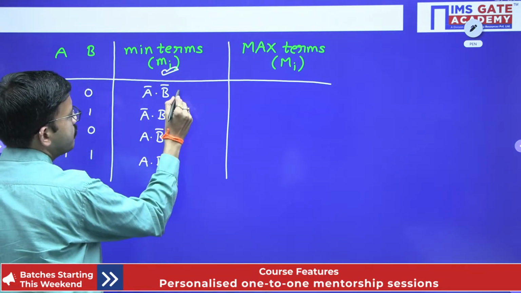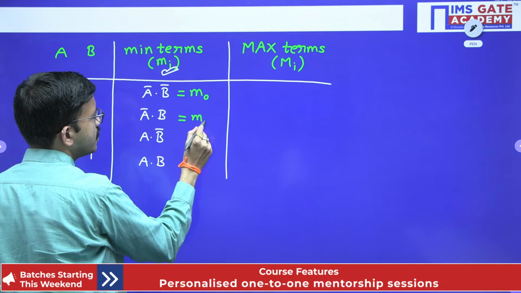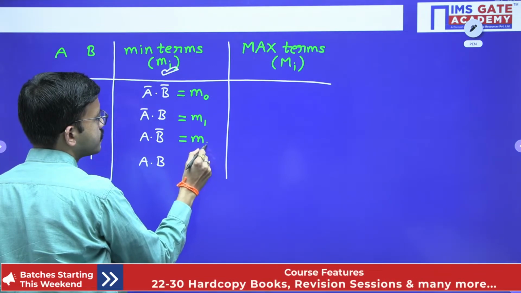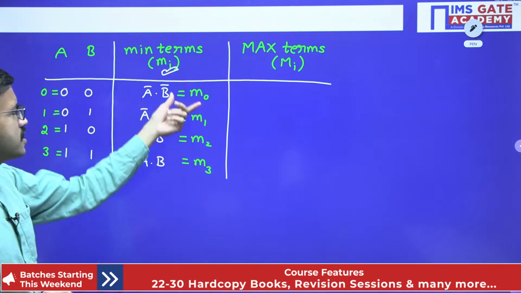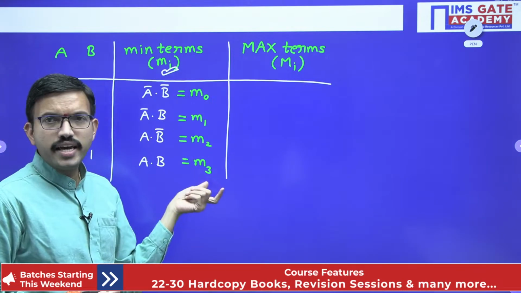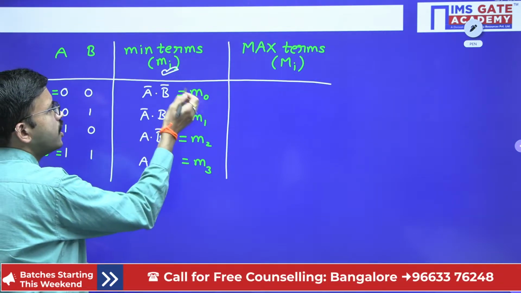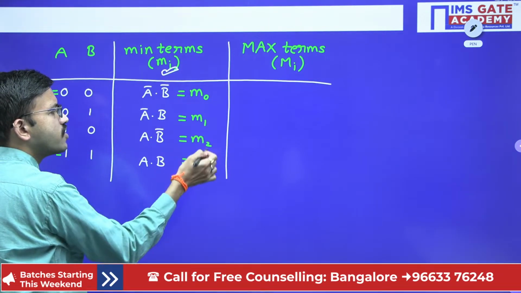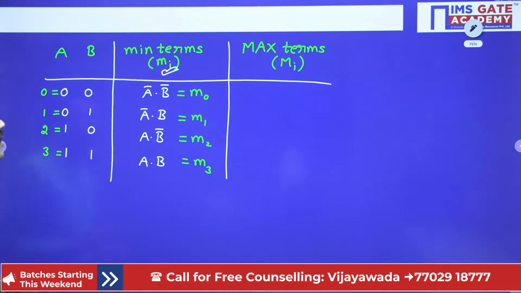So these are m0, m1, m2, m3. Sometimes in questions you will have either notation. Here small m stands for min term, and the suffix is the corresponding decimal equivalent of the binary.